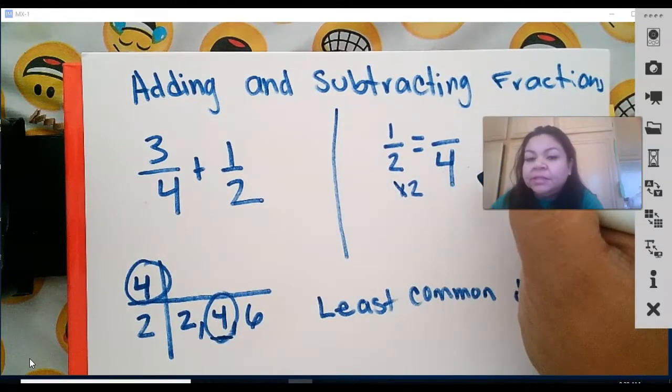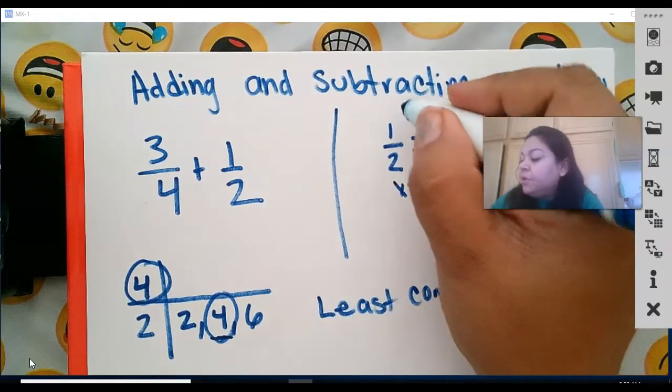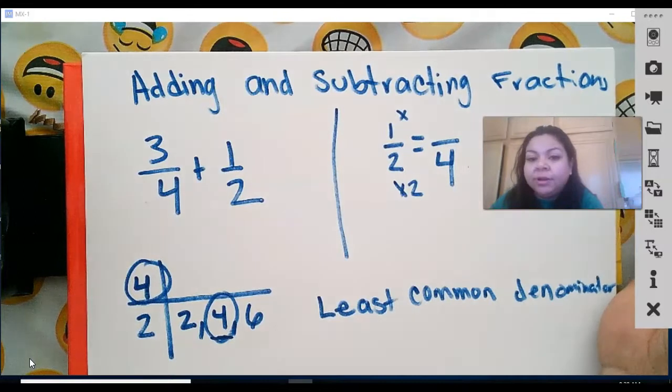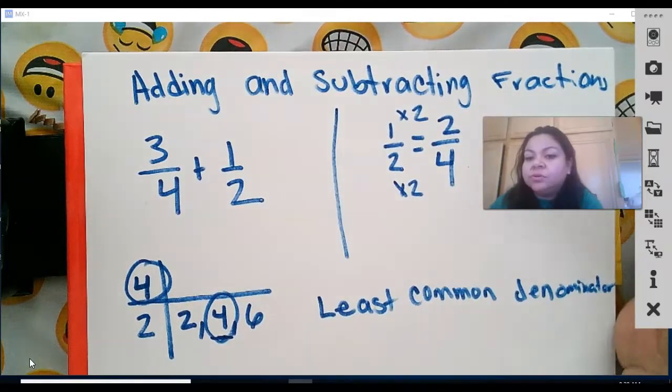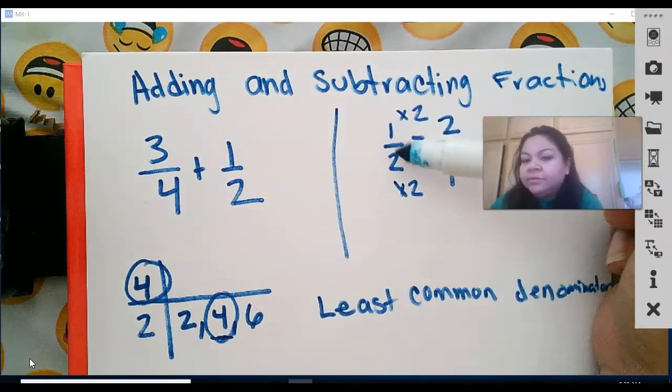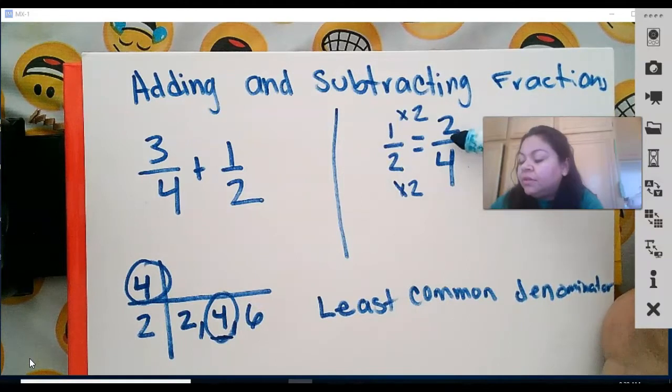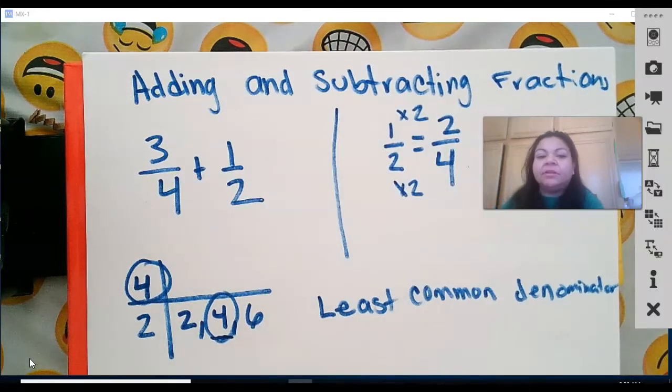If I multiply the denominator by 2, then I have to multiply the numerator by 2. So 1 times 2 equals 2. So 2/4 equals the same as a half, but now this is a fraction that I can use to add because it will have the same denominator as my 3/4.